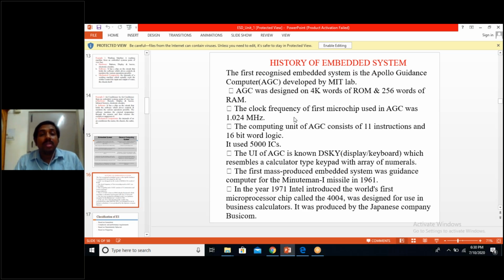The memory requirements and the clock frequency were less. At that time, they started this Apollo guidance system with 11 instructions, 16-bit word logic, only 5,000 ICs. But in 1971, the 4004 processor came into existence with integrated circuits. Thereon, so many embedded devices came into existence.